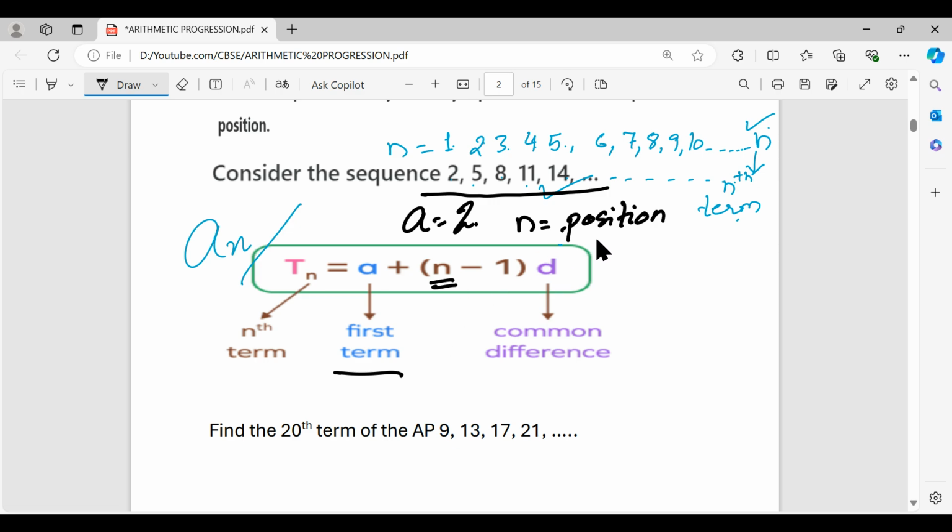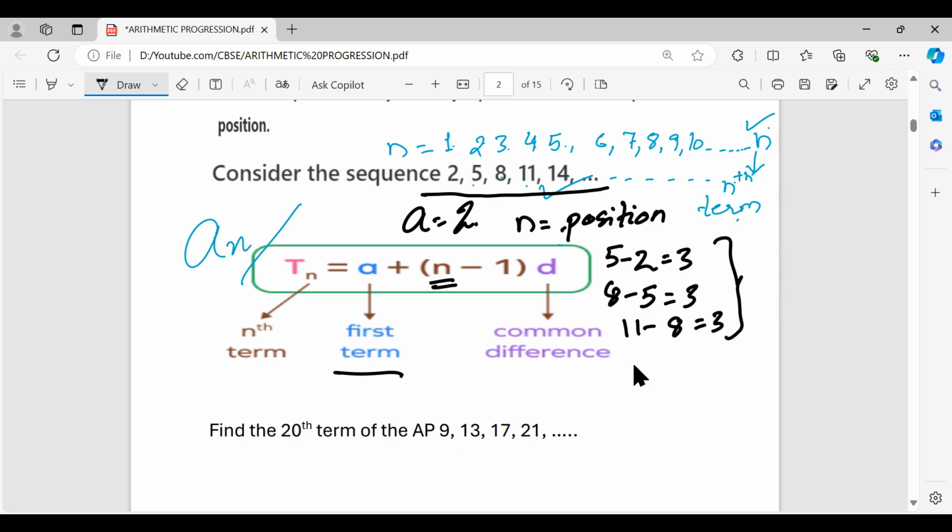Now d, what is d? d is the common difference. If I look at this sequence, 5 minus 2 is equal to 3, 8 minus 5 is equal to 3, 11 minus 8 is equal to 3. So I can see the same difference exists between these terms.